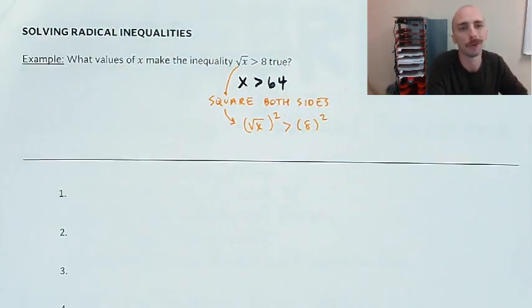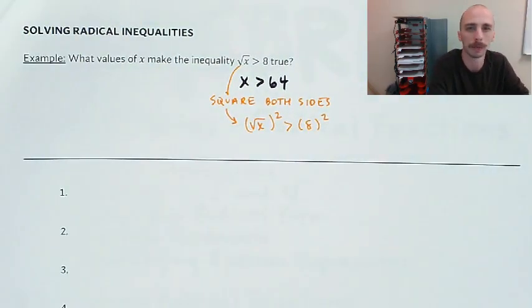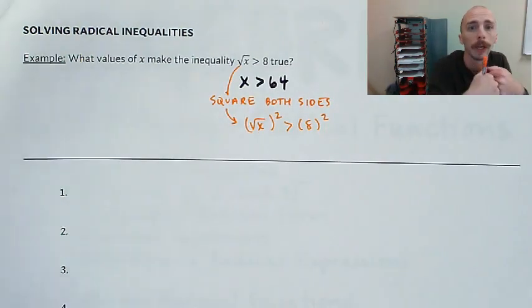The reason this preserves the inequality is that if a number is bigger than a smaller number, and we square them, the squares have that same ordering, provided they're both positive.